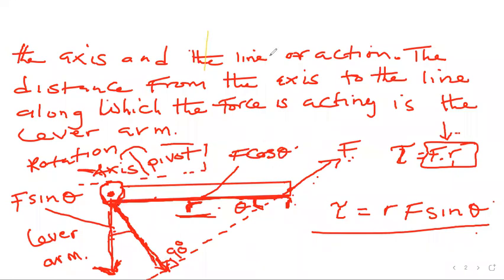But the radius could be perpendicular to the force, or it could not be. It depends on the situation. But the lever arm is always perpendicular to the force. This is the lever arm we're talking about.